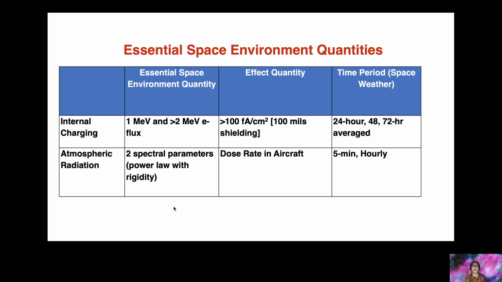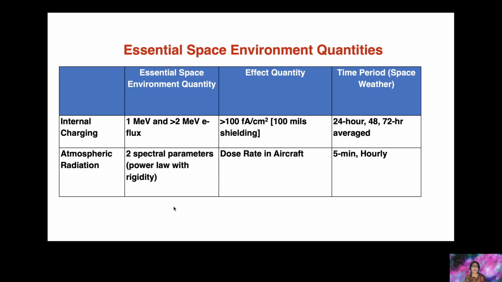And for the essential space environment quantities, by engaging different communities together, we determined that for internal charging, it's 1 MeV and 2 MeV electron flux, both differential flux or integral flux, due to the availability of the measurements and how they correlate with existing anomaly databases.